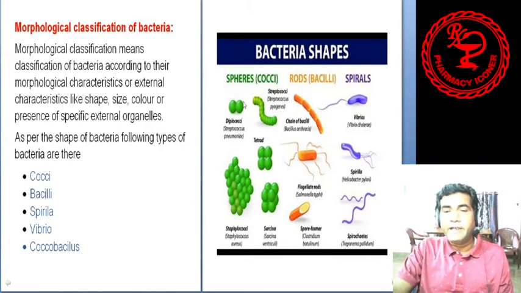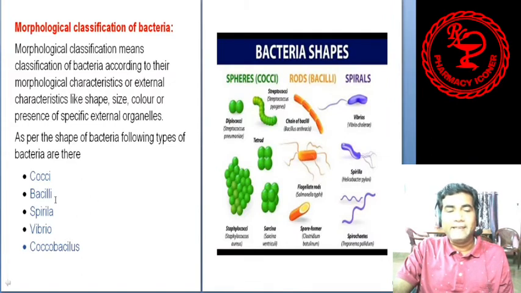Cocci are spherical, round shaped, like a ball. Here two cocci are attached together, that's why it is diplococci.